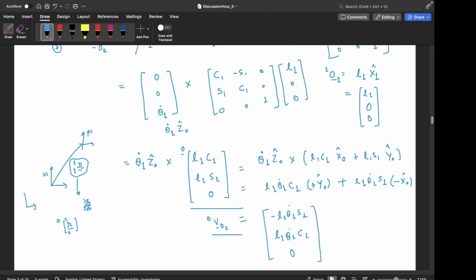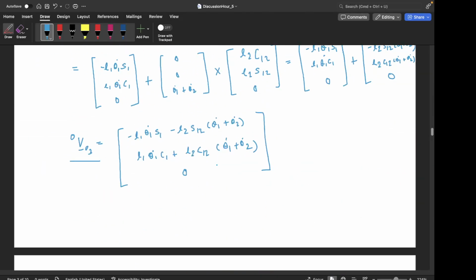The 0 frame might be somewhere here, or it could be expressed in some other frame, either 1, 2 or some other frame. So that's the key thing. What you see here is the description of the velocity of the origin of frame 2 with respect to frame 1 described in the base frame, right? That's why I stressed on this superscript here.